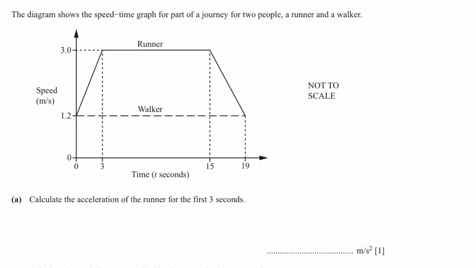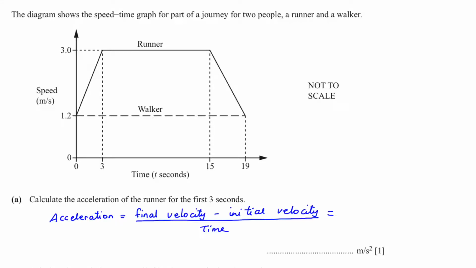So this is the time frame for which we have to find the acceleration. To find acceleration, we use the formula: the final velocity minus the initial velocity divided by the time taken.